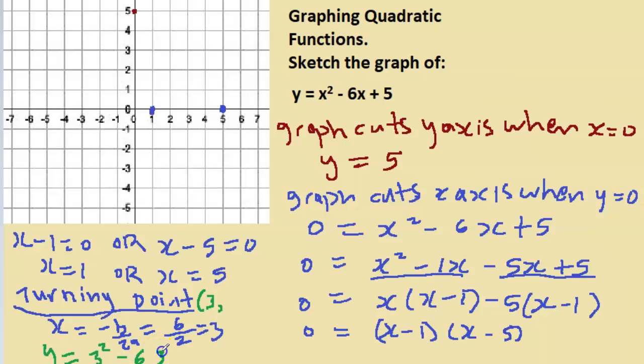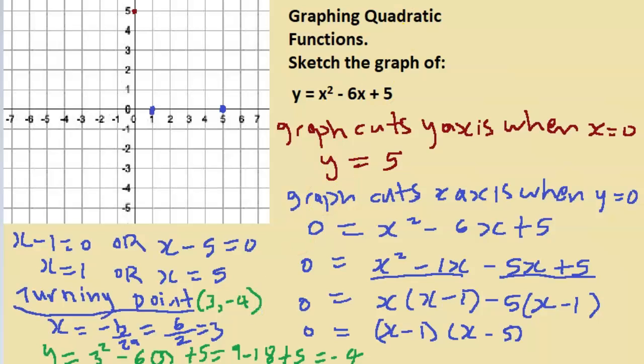So replace all the x values with 3 and plus 5. So this now becomes 3 squared, which is 9. And negative 6 times 3, that's minus 18 plus 5. And that works out to be minus 4. So the y coordinate for the turning point is minus 4. So the point is 3, negative 4.